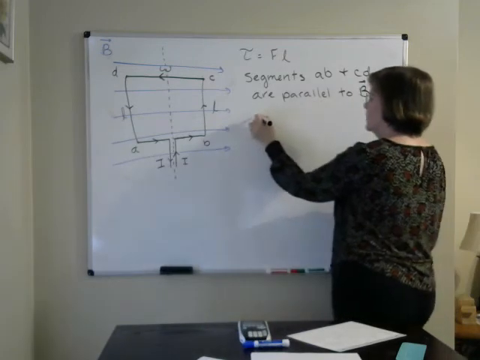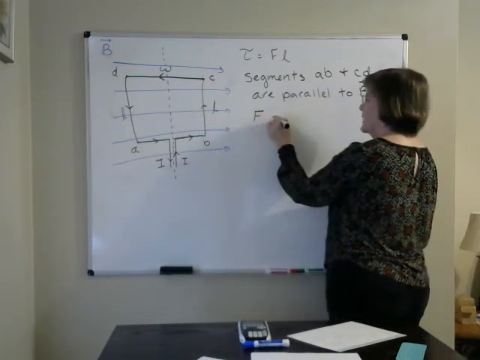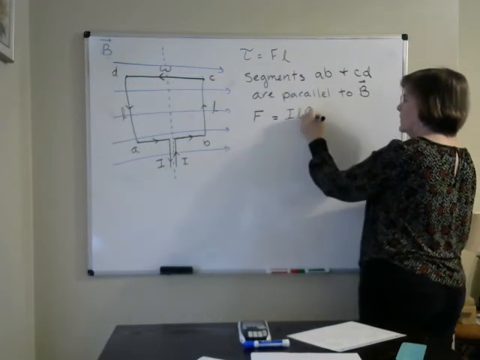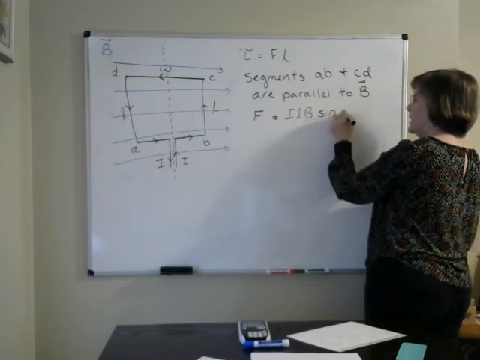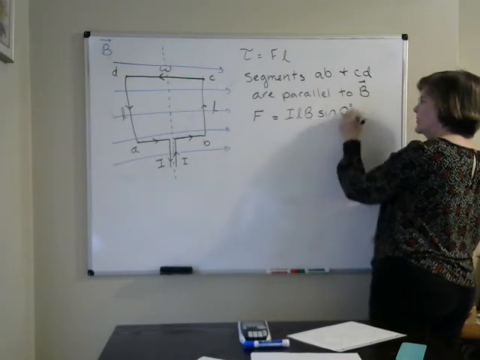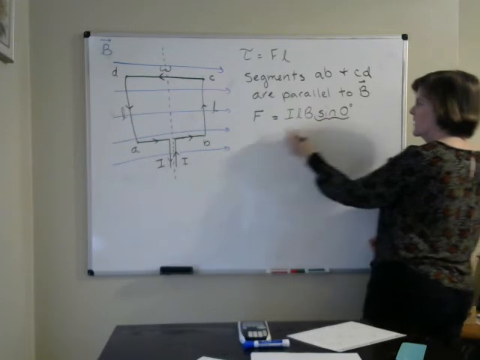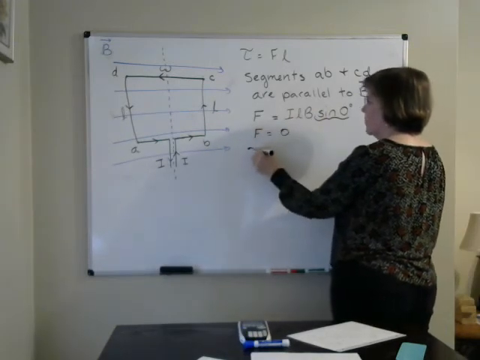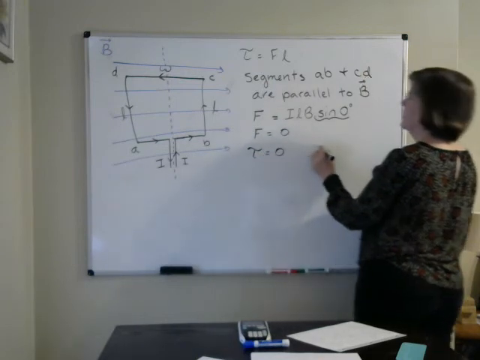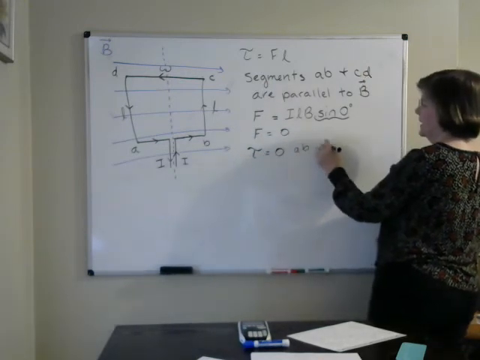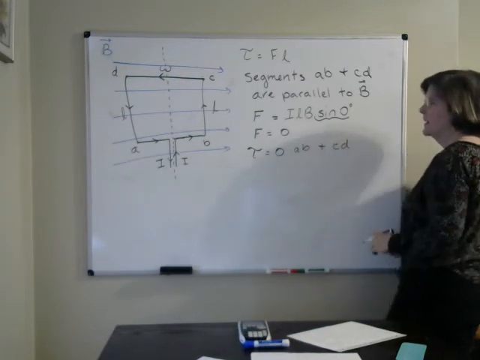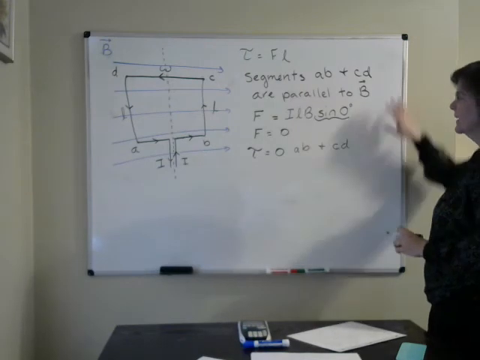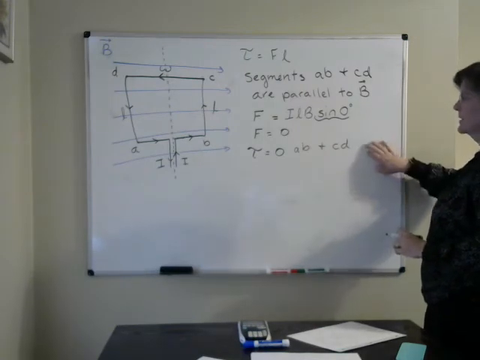Well, when we get the force for those two segments, that force is going to be ILB sine theta. But theta is going to be 0 degrees. Sine of 0 is 0. So the force will equal 0 on those two segments. So the torque is equal to 0 for segments AB and CD. They don't have any inclination to rotate or to move or to do anything.